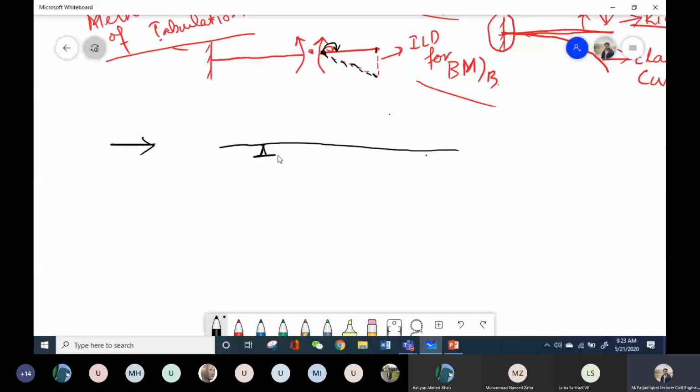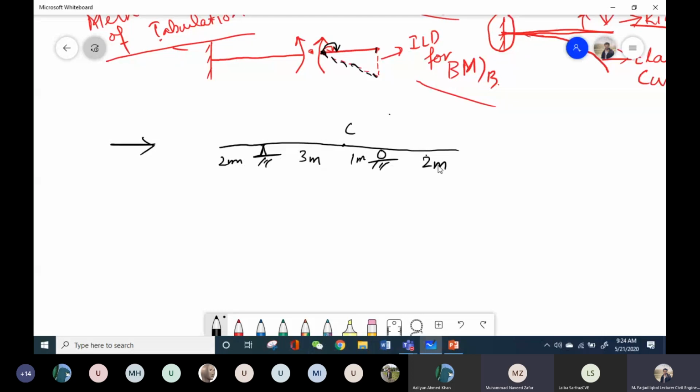This is the overhanging part, and this is the roller support. This is point C. This distance is 2 meters, this distance is 3 meters, this distance is 1 meter, and this distance is 2 meters.